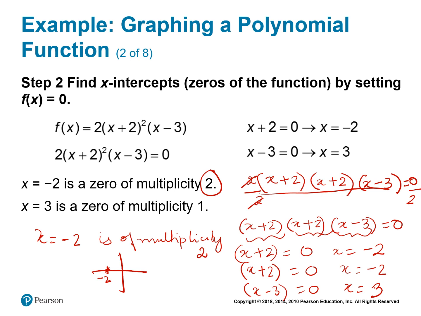So if it's a rising graph, then it's going to drop at that value of the intercept. If the multiplicity is odd, then it's going to cross the x-axis, the intercept.